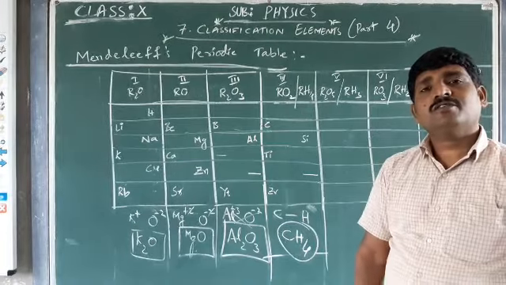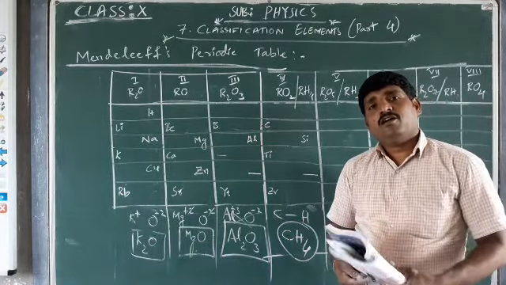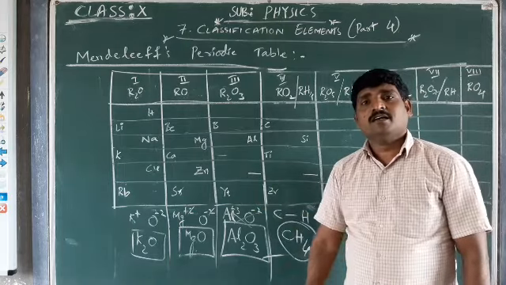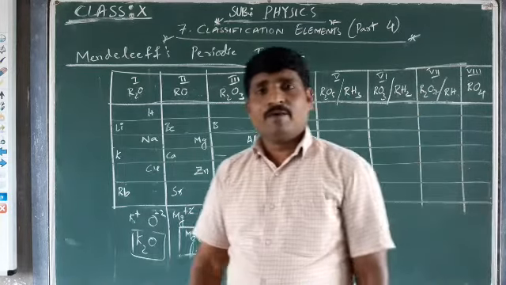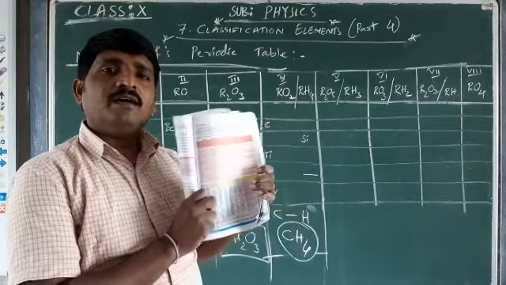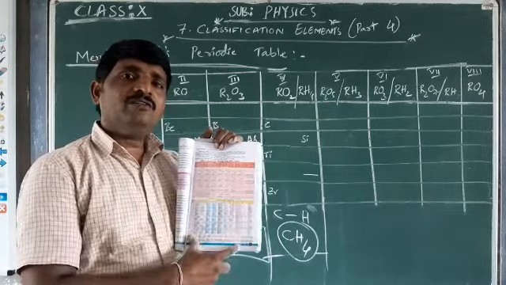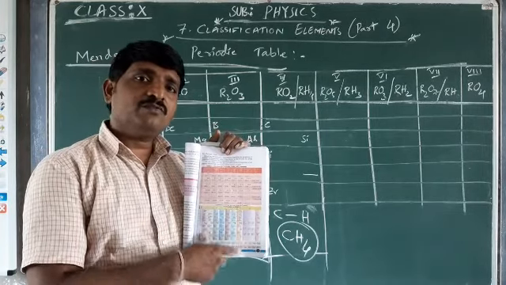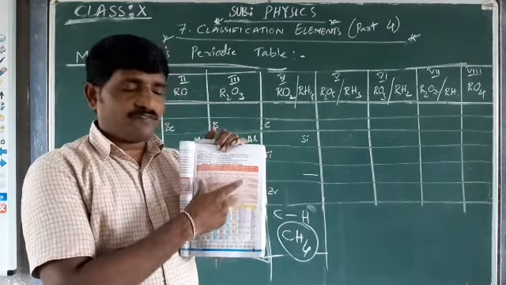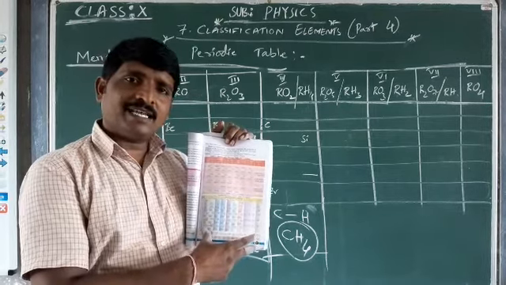Table 2 and table 2a give the arrangement of elements according to Mendeleev's observation. This is the first version proposed; he himself modified it and made a second version.